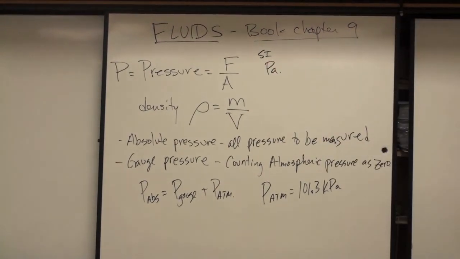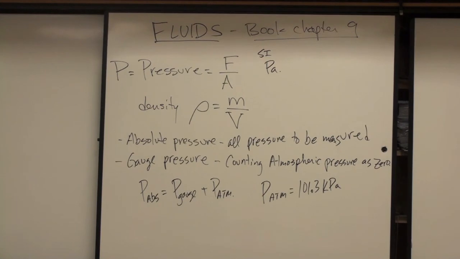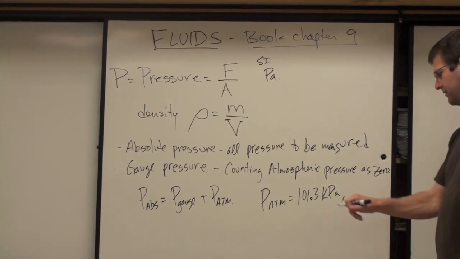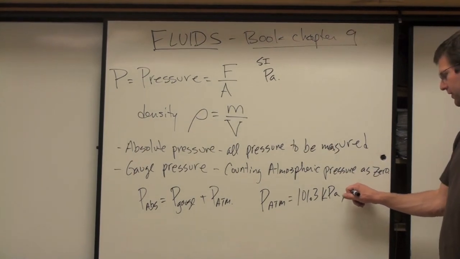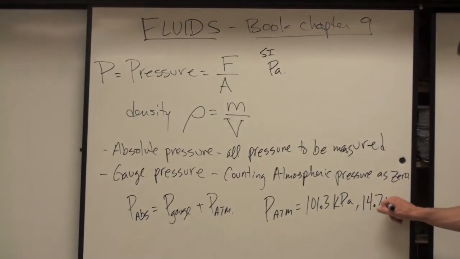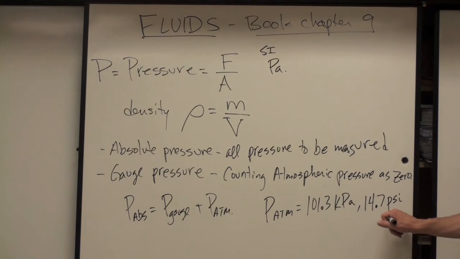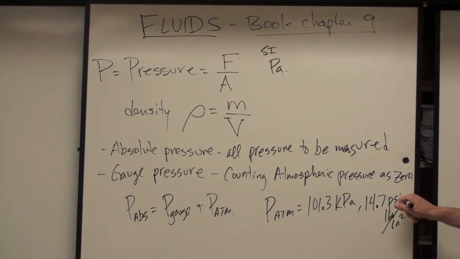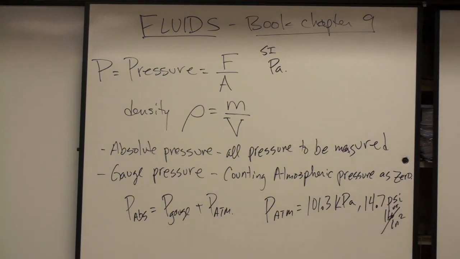So hopefully from all that thermo chapter, that should still be in there. And in our English American units, that is 14.7 pounds per square inch. Scientific unit versus our abbreviation unit of PSI.